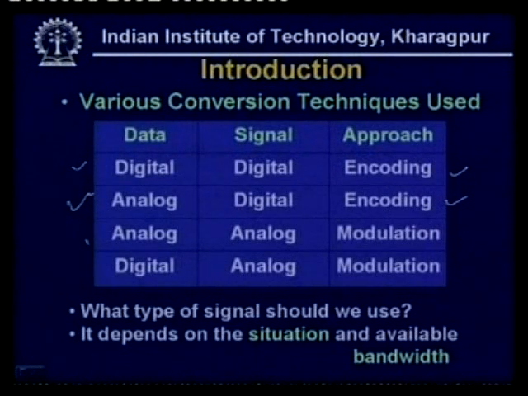Then you can have analog data which can be converted into analog signal by a suitable modulation technique, as we shall discuss later in this lecture. Then we can have digital data which can be converted into analog signal by a suitable modulation technique. So, these are the various options available to us. The question arises, what type of signal we should use?